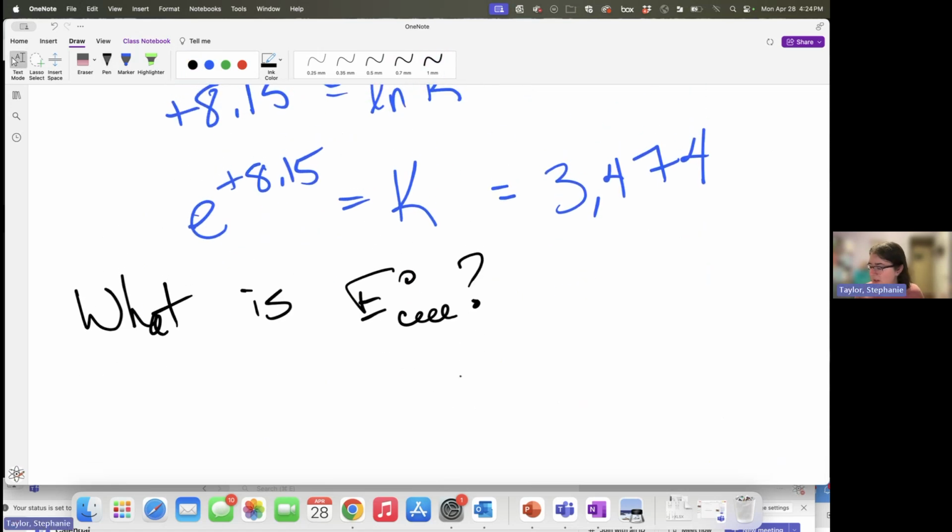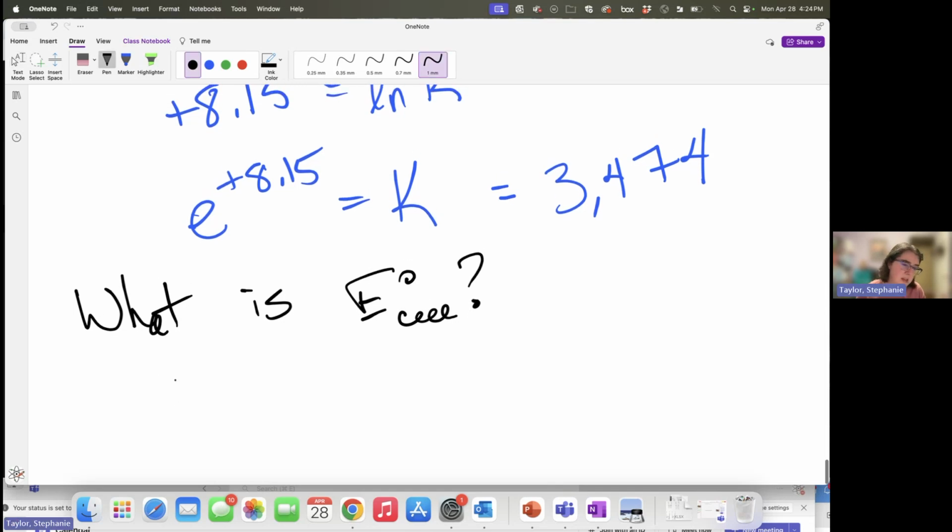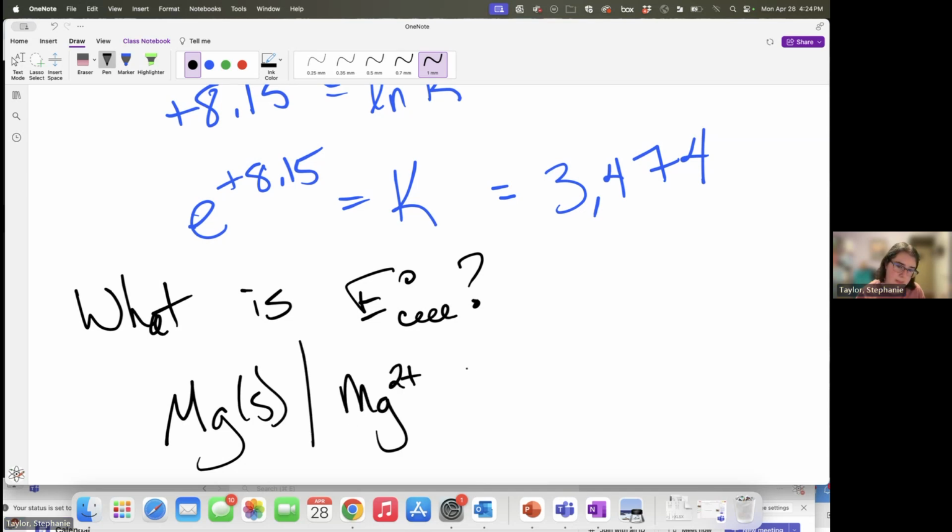But now we're going to have cell notation. So I'm going to go ahead and put this like this. And then what else do I want to use? We'll go ahead and use some zinc for funsies.